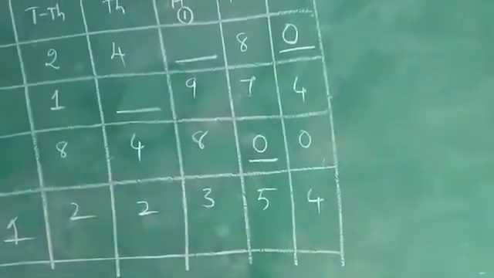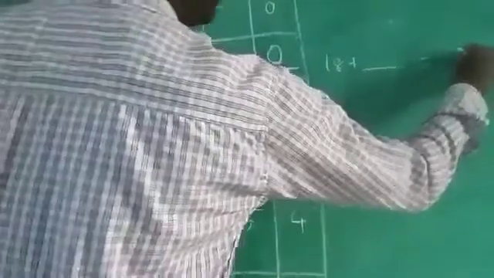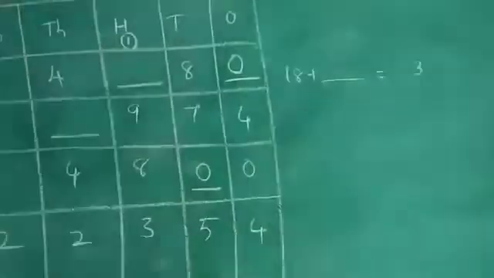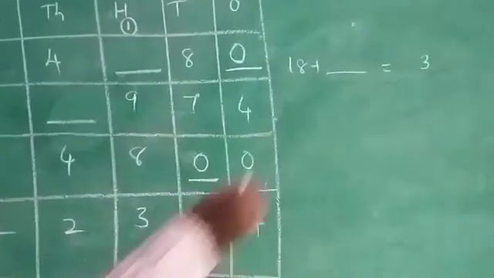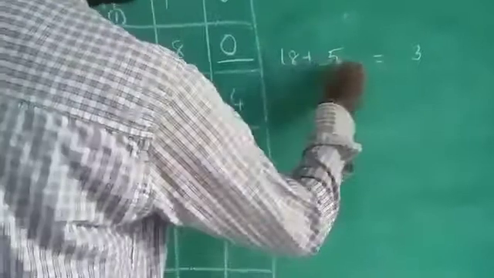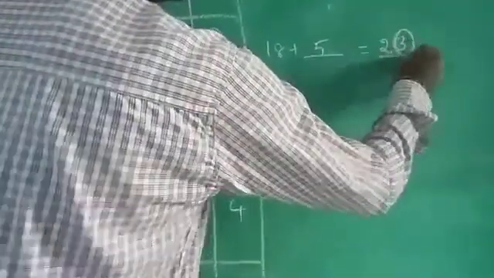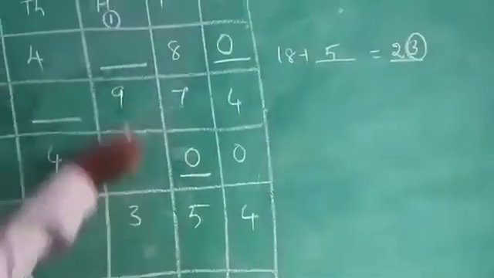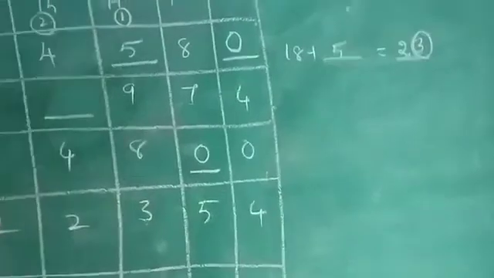But 18 is there. For 18 what would you add to get the 3 in the ones place? You need to write 5. If you write 5, it will become 23. So once the unit is 3, here is the 3. So if you write here 5, 2 will be the carry.